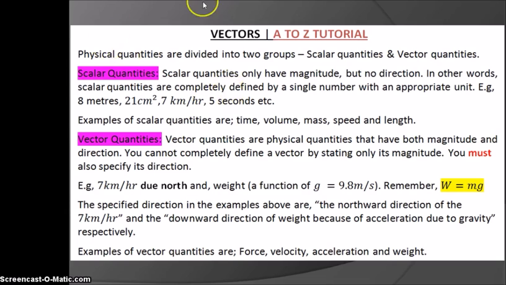So 7 kilometers per hour due north will be a vector because you have specified direction, which is northward, and weight is also a vector quantity because it is directed downwards due to acceleration due to gravity. Examples of vector quantities are force, velocity, acceleration, and weight, etc.